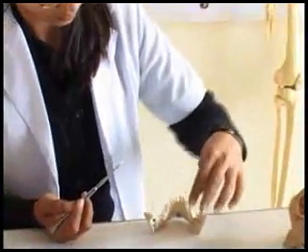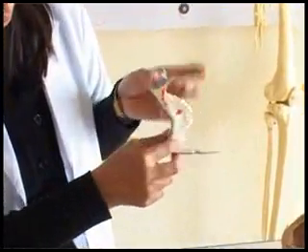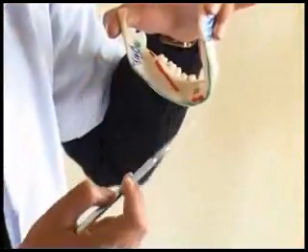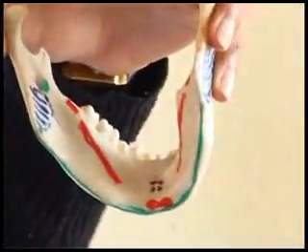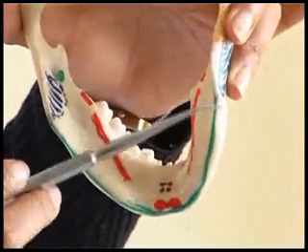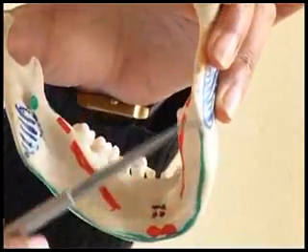The digastric fossa gives attachment to the anterior belly of the digastric muscle. The deep cervical fascia is attached along the whole length of the lower border.